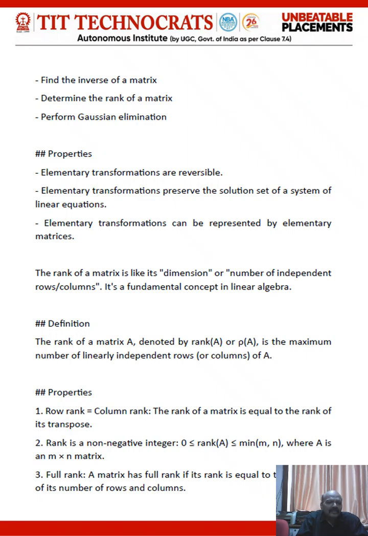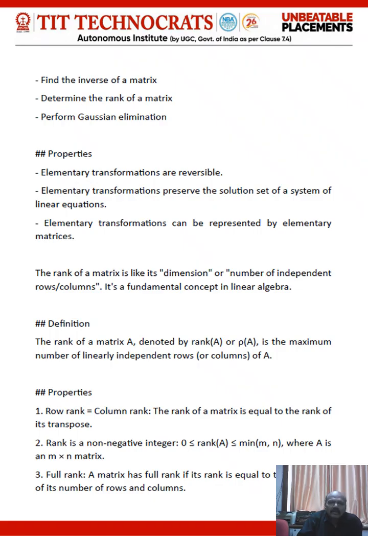Now we shall discuss another important property of rank, the nullity theorem. Sometimes we get questions on nullity. Rank plus nullity is equal to n, where n is the order of the matrix. This applies to a square matrix.